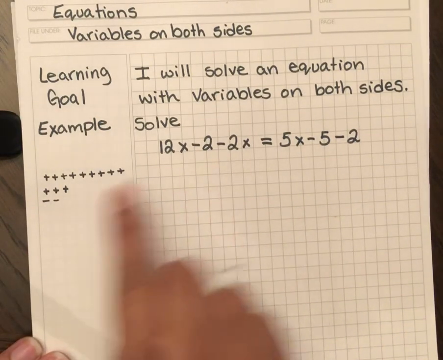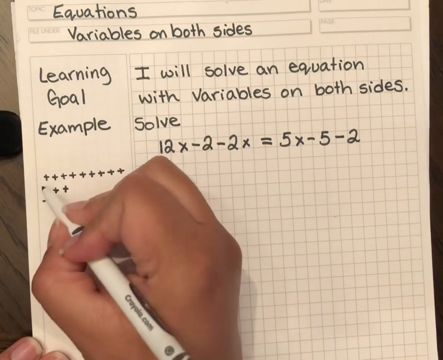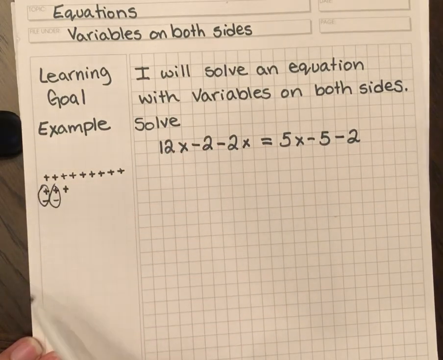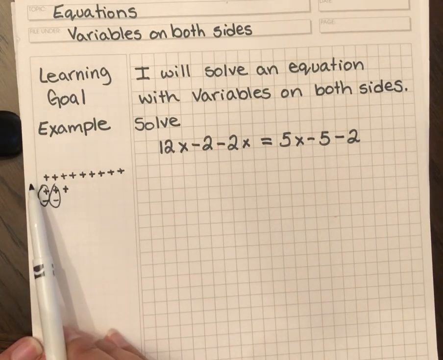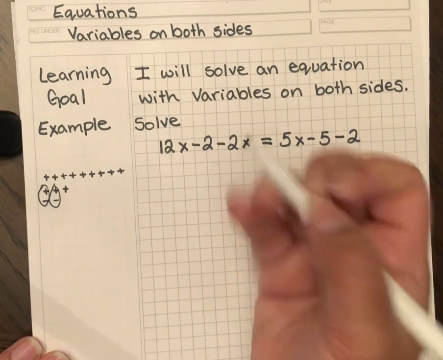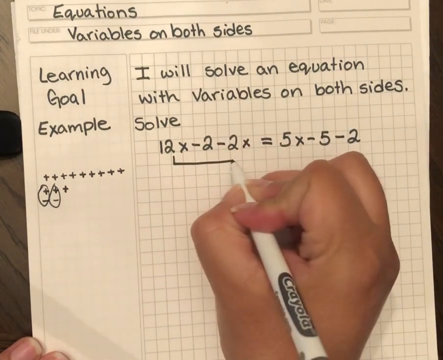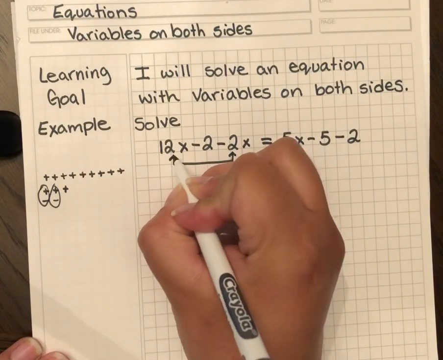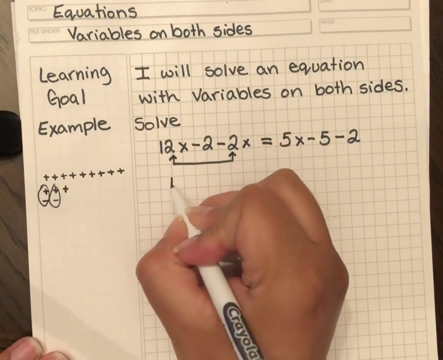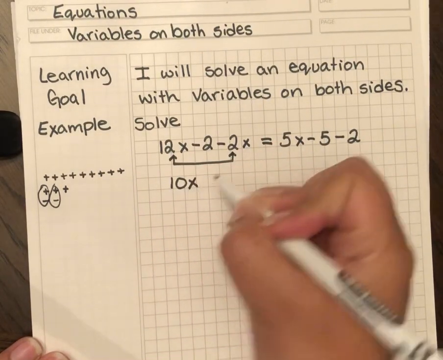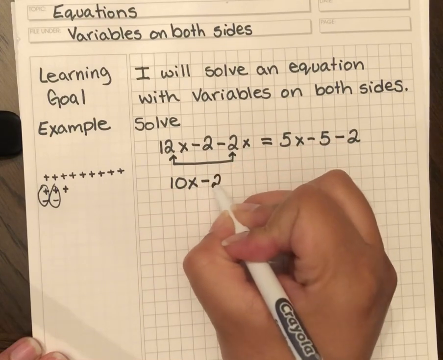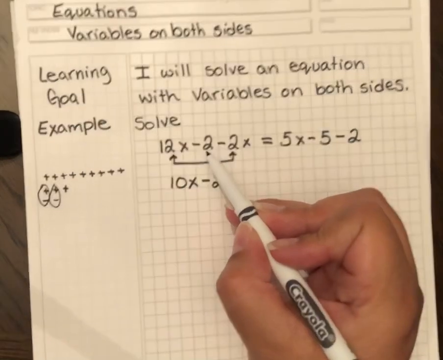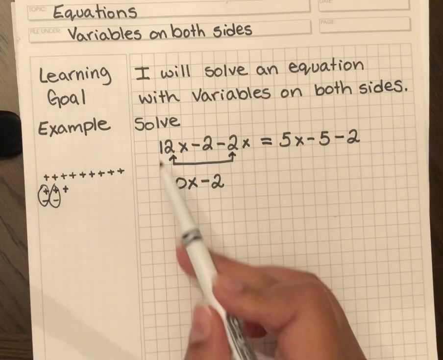So I make some 0 pairs, and I'm left with 10 positive x's, and those 2 negative units that I have not touched. Now, I'm done with the left.